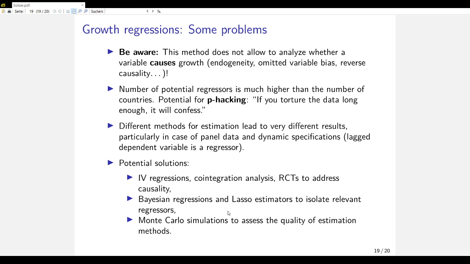And lasso is an even more sophisticated algorithm to come up with the core of those variables that you should include in the end. And finally, Monte Carlo simulations have been applied to assess the quality of different estimation methods. Here, with respect to this point, that the results might also change depending on different estimation methods. And these Monte Carlo simulations have shown actually that the results can change rather dramatically if a different estimation method is used in the end.